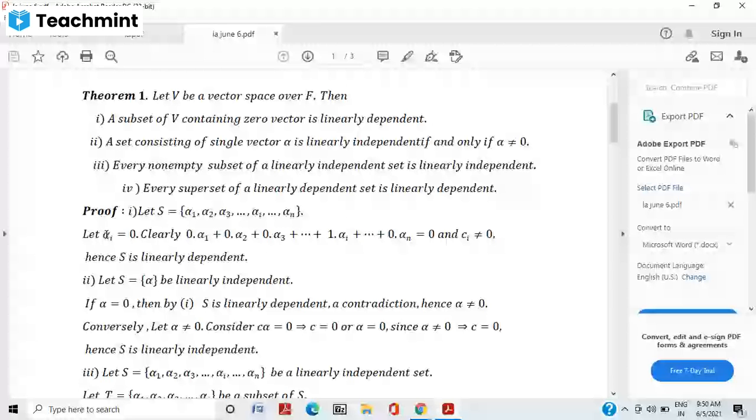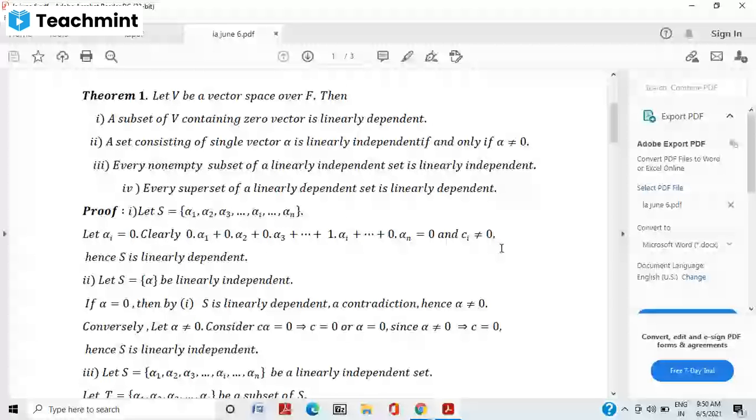But 1 into alpha i means we can write all other vectors 0 plus 1 into alpha i is 0. Then for all Ci's except which one? Here Ci equal to 1. All other C1, C2, C3, Cn are all 0, but only Ci is 1. Then it is non-zero, so at least one scalar is non-zero. Then it will become linearly dependent.